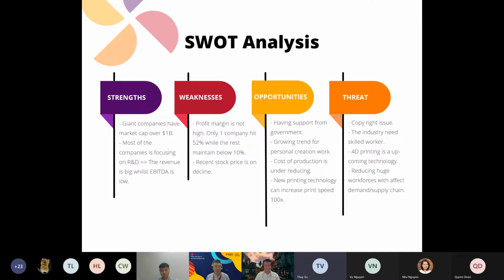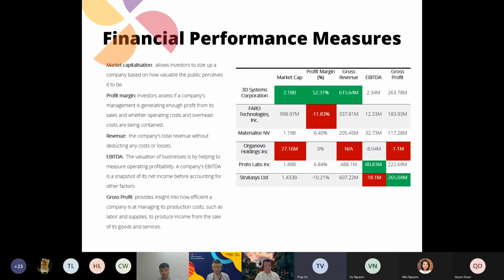We can also see that most companies are focusing on research and development because, although the gross revenue is relatively high, the EBITDA is quite low. For example, 3D Systems Corporation. We did a little research on our own and found out that they put around $69 million into research.